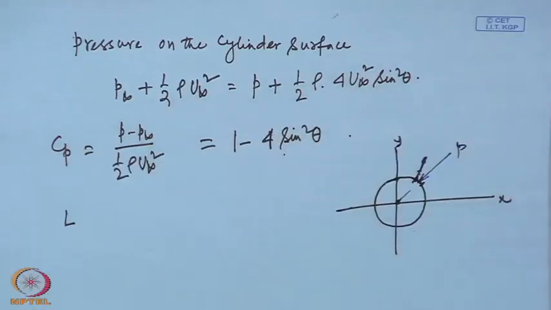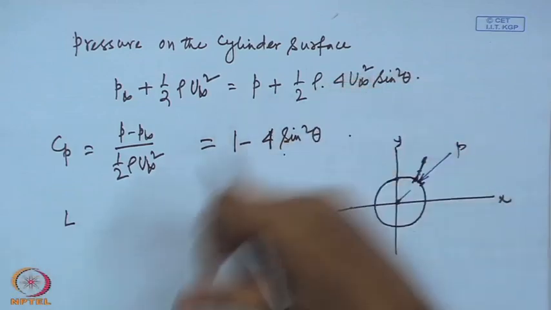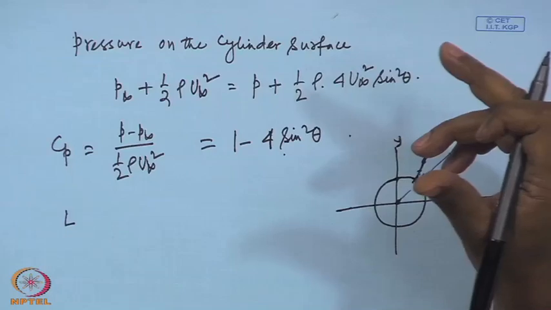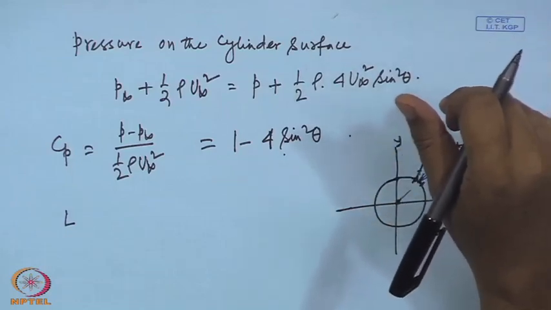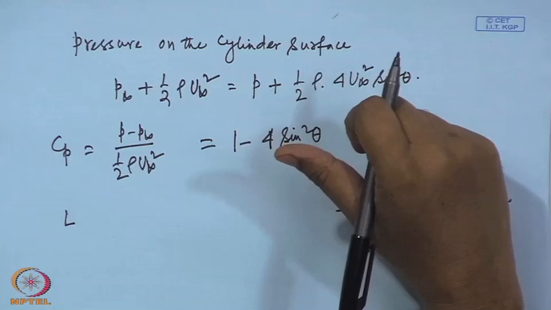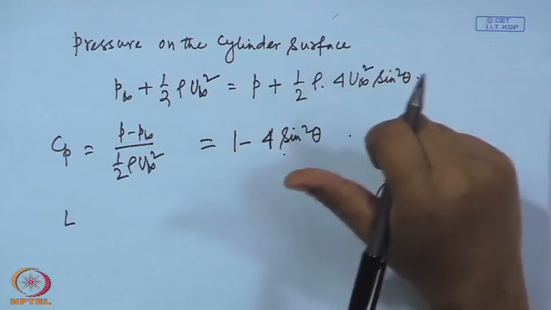So, we cannot find it completely, we have to consider only unit width. So, if we consider a unit width, that is length along the z direction, then the area of that strip is r d theta into 1.